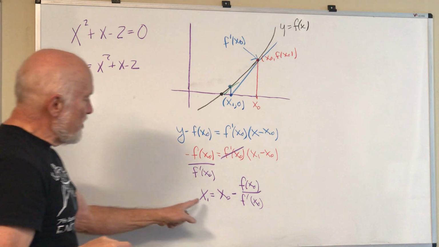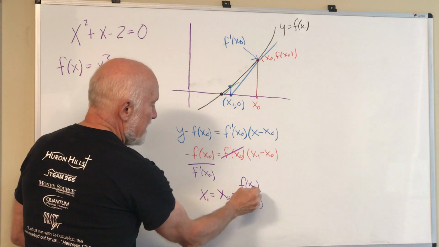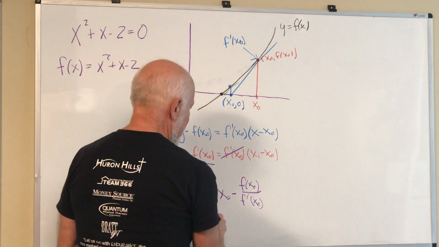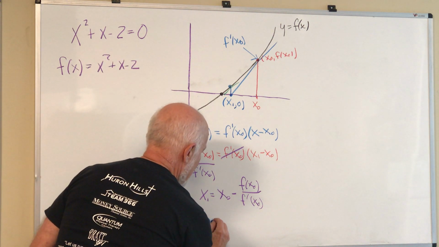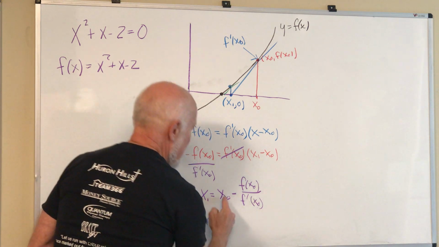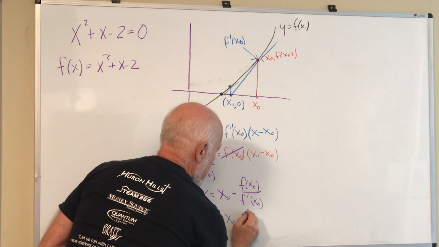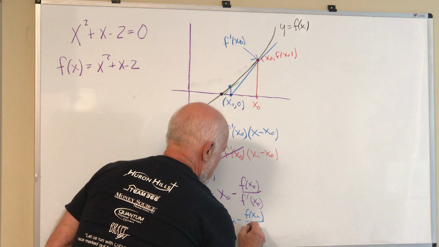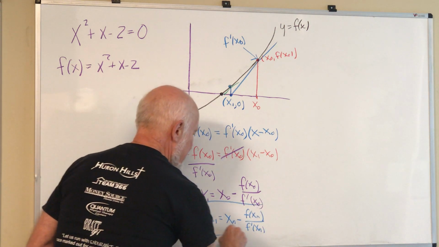So he said, in general, I could put x sub 2 as x sub 1 and put x sub 1 here, but he came up with a general formula. He called this x sub n plus 1, and he called this x sub n.